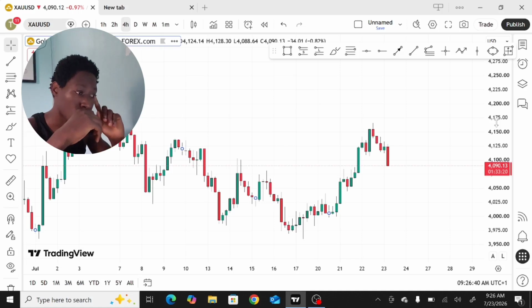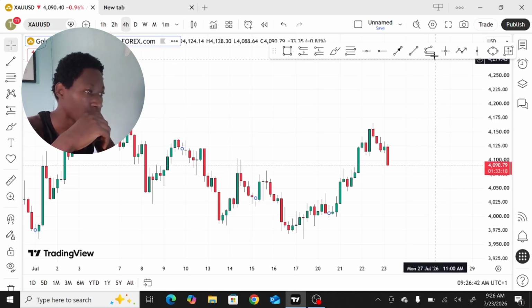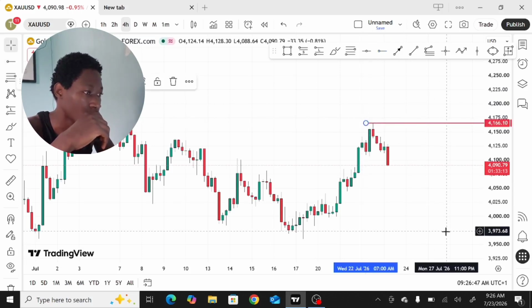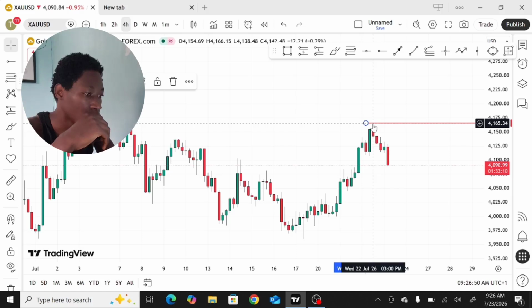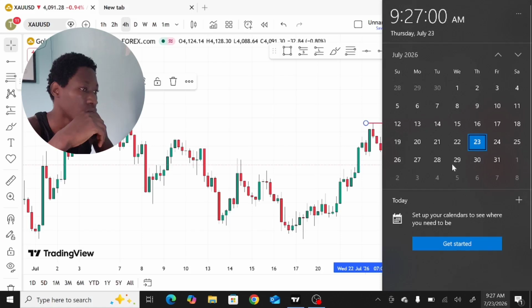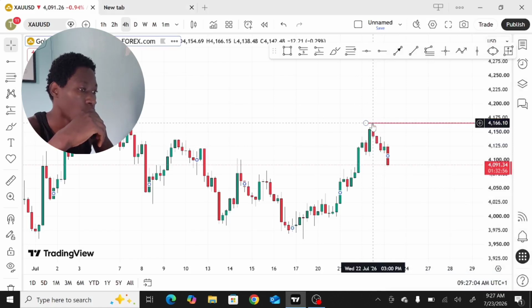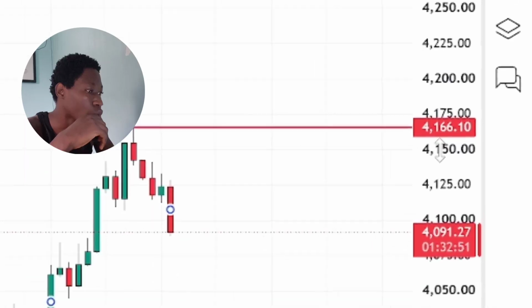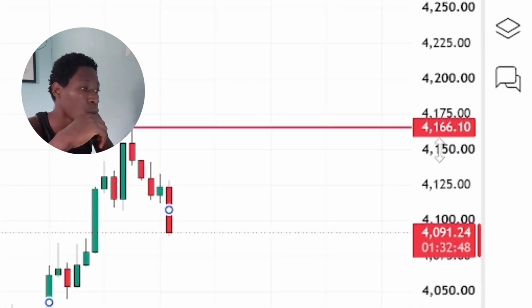Do you understand? I want you to first of all understand that as around this point in time, let me map this out. If you map out something here, around this point, this was Wednesday, 22 of July 2026, which is 3 p.m. That was yesterday. Today, if you check, today's date is 23, and this is 9 a.m. So around yesterday, an ounce of gold was selling for $4,166.